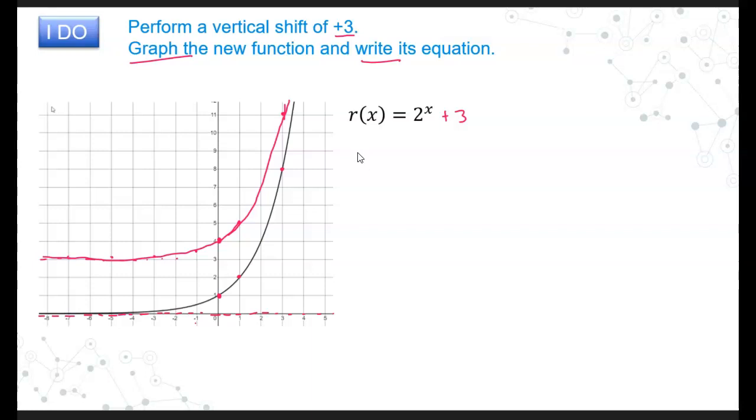We could maybe call it S, or let's go to P. P of x is going to be 2 to the x plus 3. So this would be P of x up here. And this would be R of x. We shifted each point up 3.